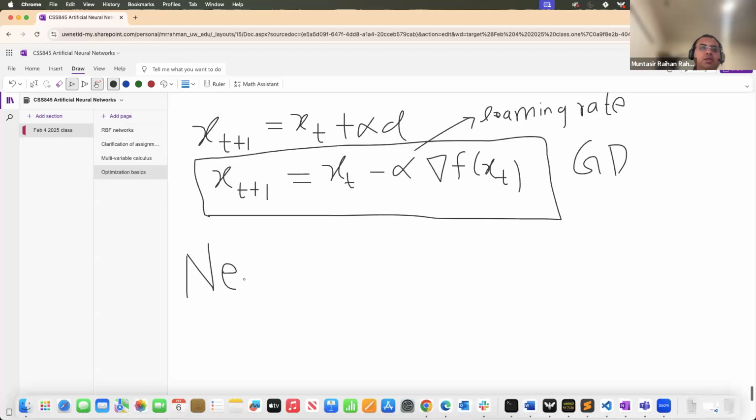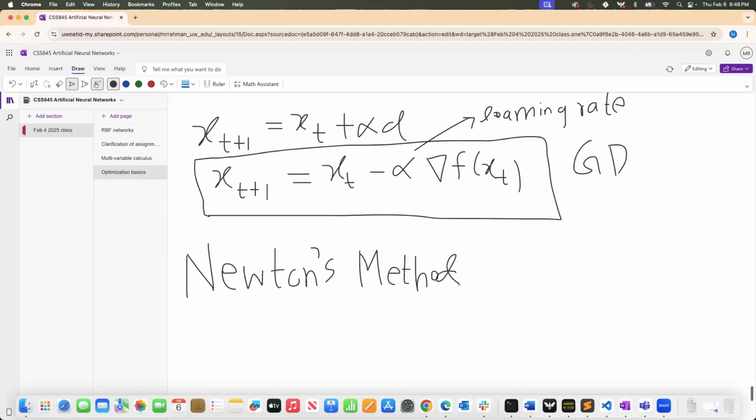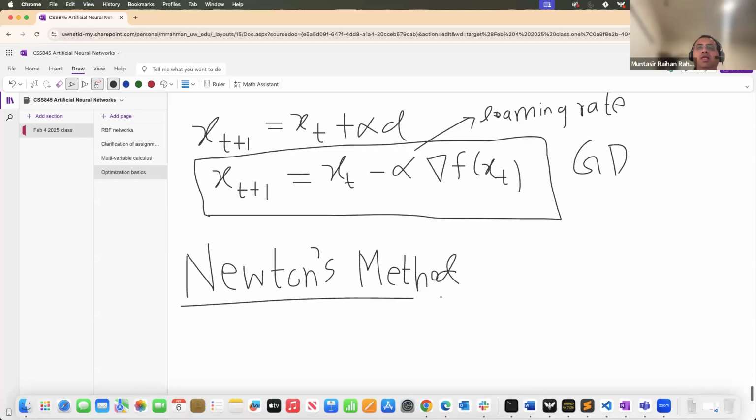Okay. All right. So let's look at another method, and with that we're going to end it, which is Newton's method for optimization. Gradient descent is what we call a first order method. Can anyone tell me why it's called a first order method? It requires knowledge of the gradient. Exactly. We only need knowledge of the first order derivative, or the gradient.